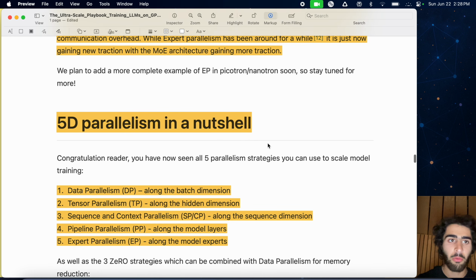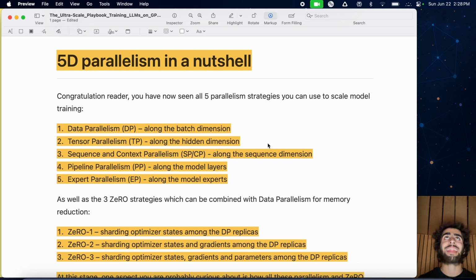Okay, now we're going to go at a high level over the 5 types of parallelism that we discussed, starting with data parallelism, which is essentially applying gradient accumulation to multiple GPUs, which is to say we have multiple micro batches that are passing through different GPUs independently. And then we have tensor parallelism, where we split an input along the hidden dimension.